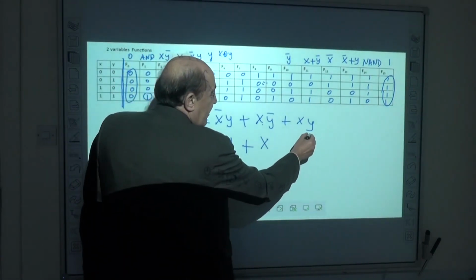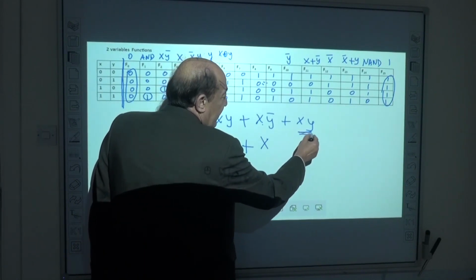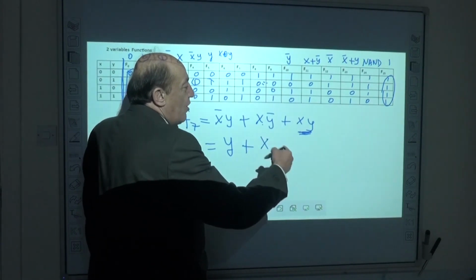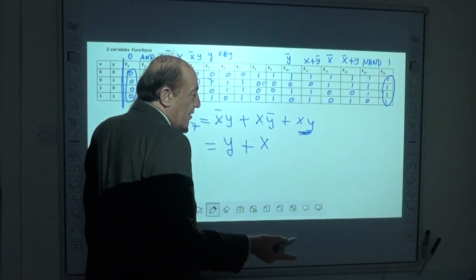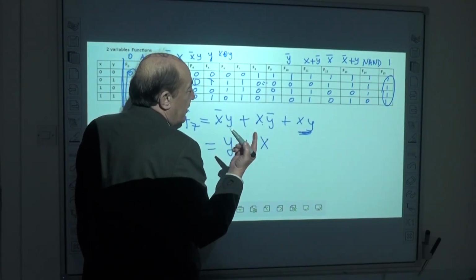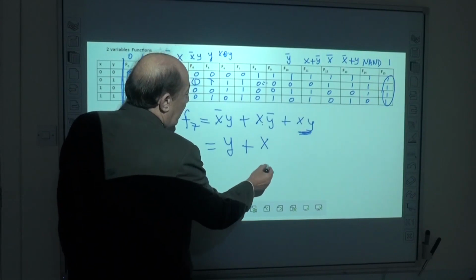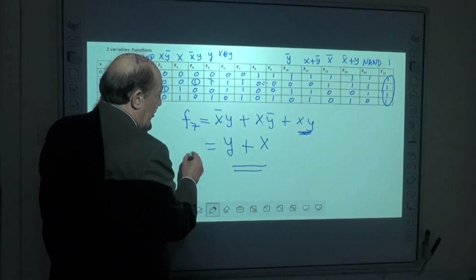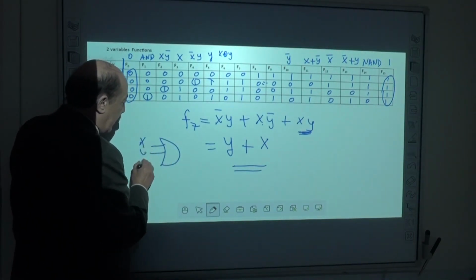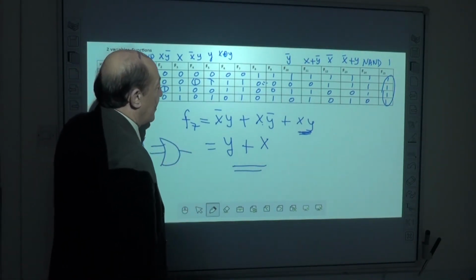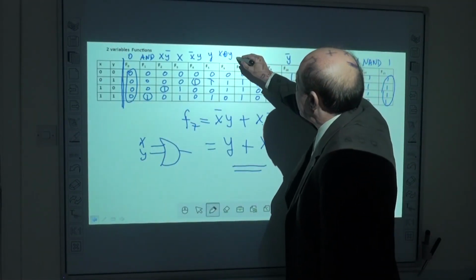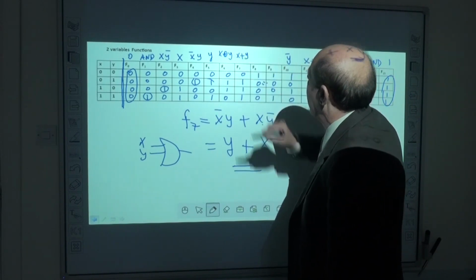Any term can participate more than once in a grouping, since A or A or A equals A. But we have to take any term at least once. You know this, it is the OR operation, and this is the gate for OR, as you remember. So f7 is x or y.